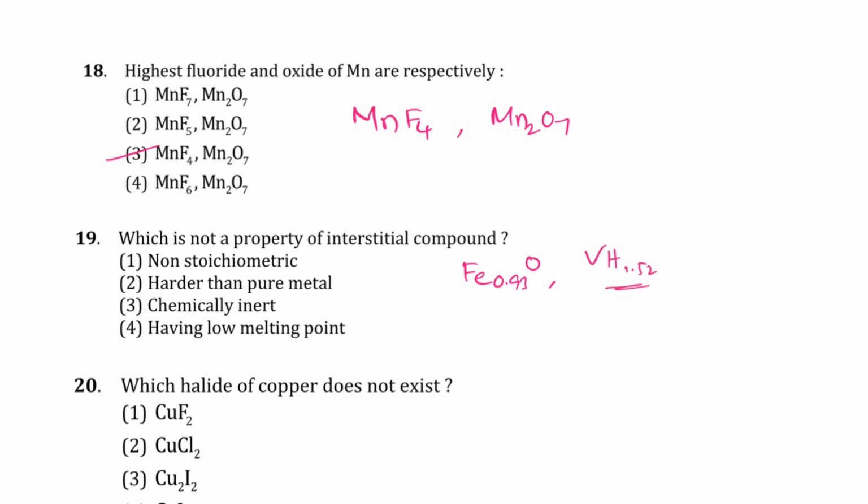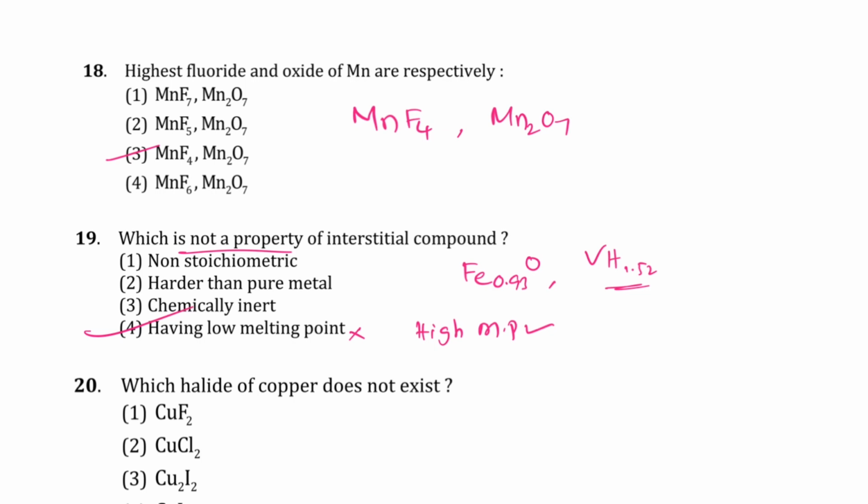So these are non-stoichiometric. They are generally harder than the pure metal and chemically inert also. Having a low melting point is not a correct option, they have a high melting point. This is correct, but this is wrong. Therefore, this is the correct option because it is not a property.